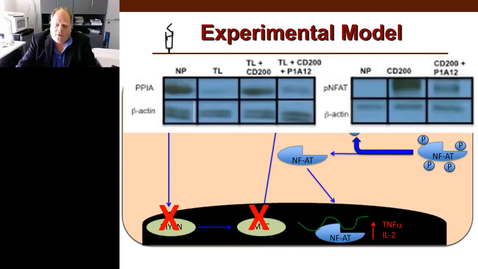We don't get dephosphorylation of NFAT, as shown here. Let me see if I can show that a little bit better. You don't get the dephosphorylation of NFAT, nor do you get the upregulation of PPIA.